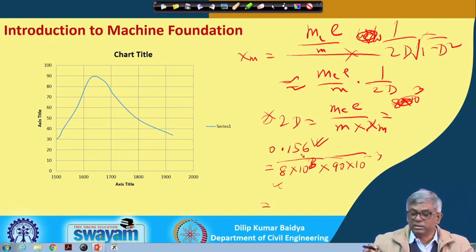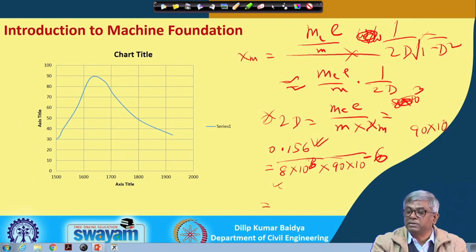If I calculate this, 2D comes to 0.156 multiplied by 1000 divided by 8 divided by... no, this will be 10 to the power 6, because 90 multiplied by 10 to the power minus 3 is in millimeter, but if I want meter, it becomes 10 to the power 6.